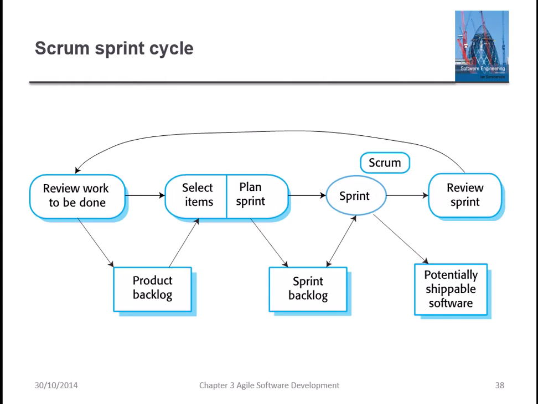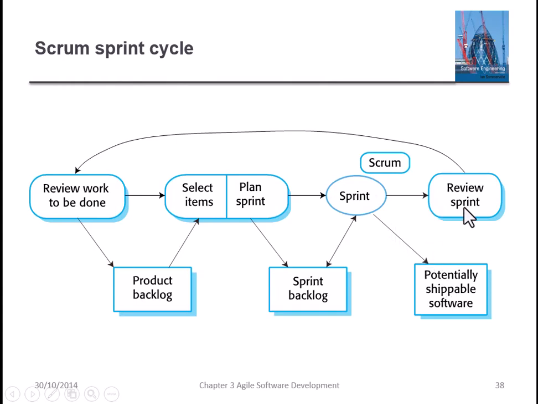So the sprint backlog is a list of items to be completed by the development team in the current sprint cycle. Before each sprint, the team chooses which items it will work on from the product backlog. So this means the prioritized requirements for the sprint backlog come from the product backlog, and then from this sprint backlog we design the sprint and develop the particular iteration, and then it goes to the potentially shippable software after the integration.